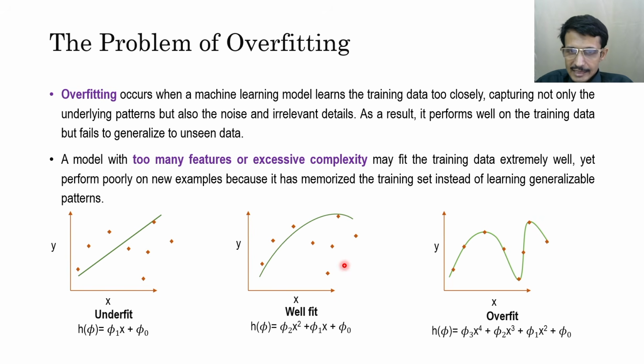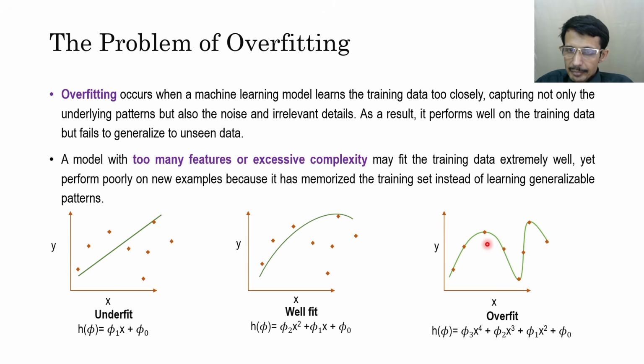Now the question is, this point you may think is an outlier, this point is an outlier. So these curves are basically ignoring this. Rather, this is a kind of hypothetical distribution. But this curve also considers it.